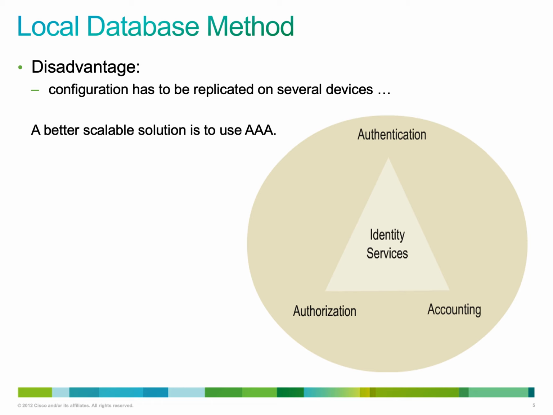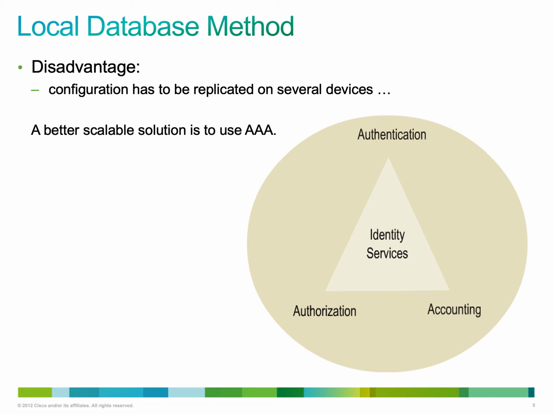Now, the inherent disadvantage here is that the configuration has to be replicated on several devices. For every device, you have to keep doing it manually. You have to keep configuring every single device. So if the network is big, you're going to be manually doing a lot of configuration.